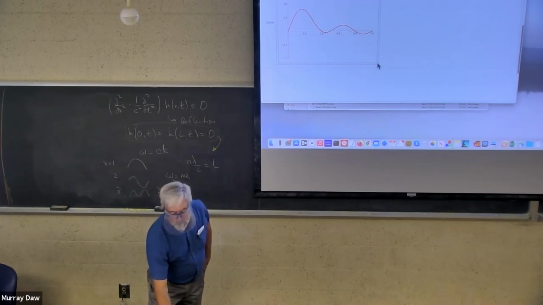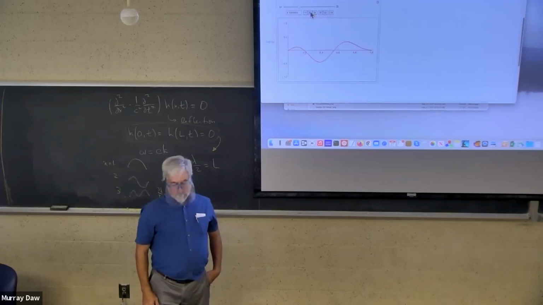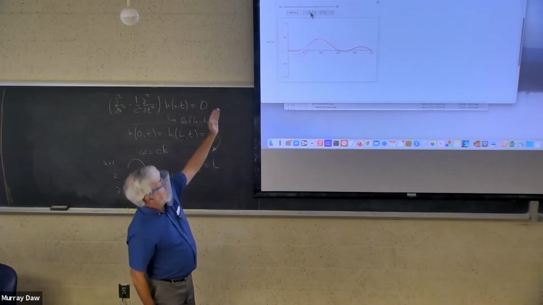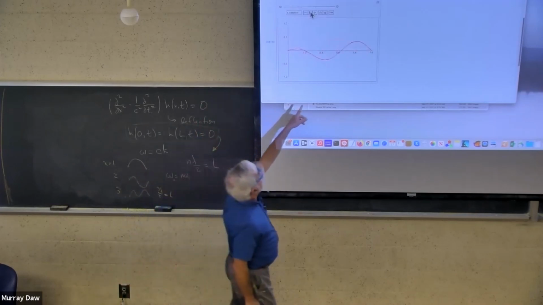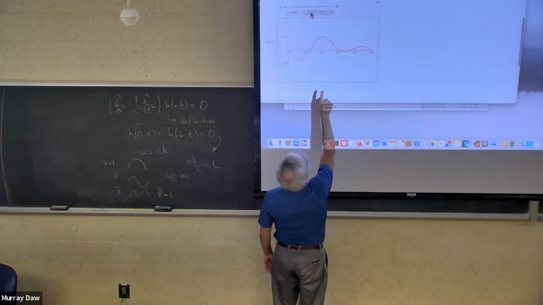I'm going to play it though. The string sloshes back and forth. So the string is up and down. If you look at any one place here, let's pick the middle. Follow what the middle part of the string does.